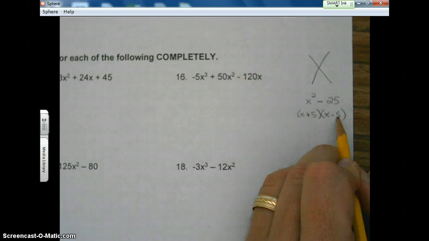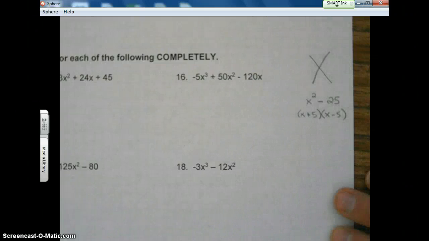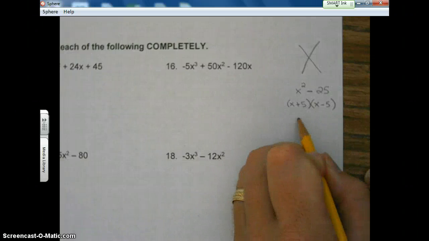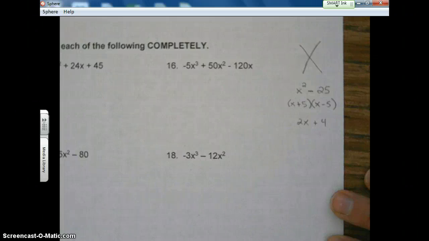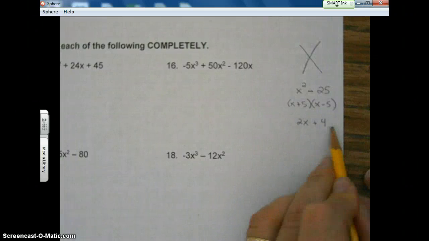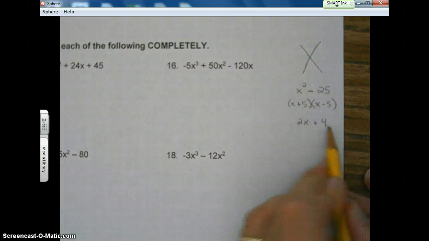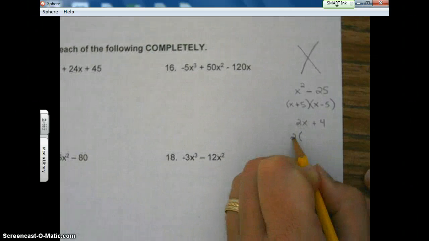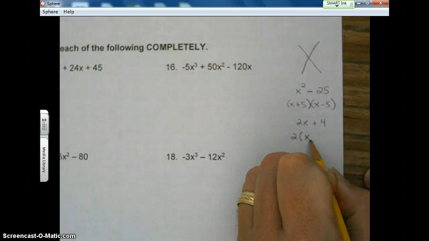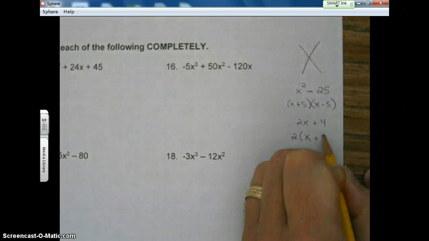Break the 5's up. 1 add, 1 subtract. And then finally, we talked about factoring a number out of both terms, or a letter, or both. So in this case, we could factor out a 2. 2 divided by 2 is 1x. 4 divided by 2 is 2.